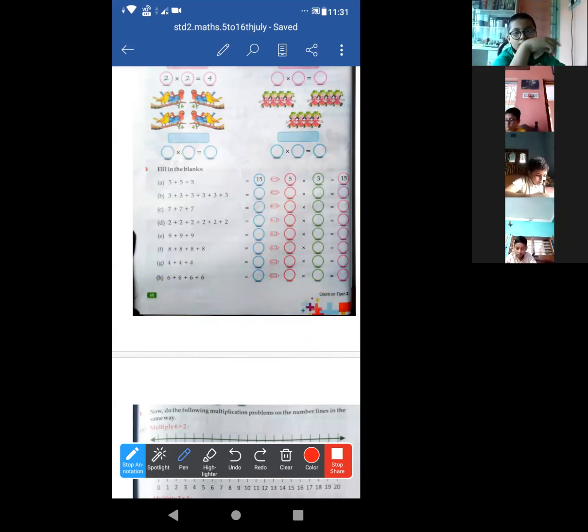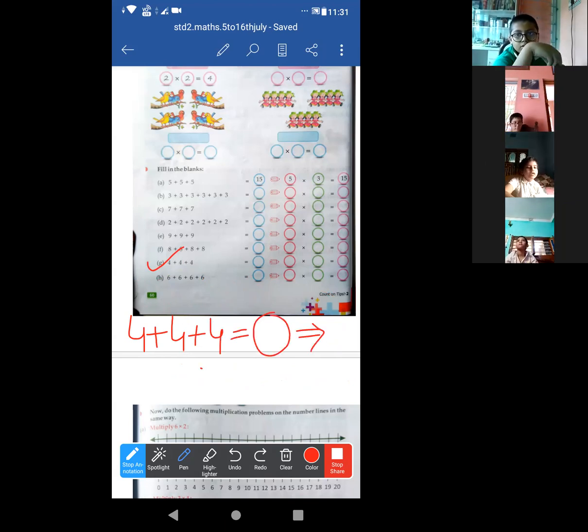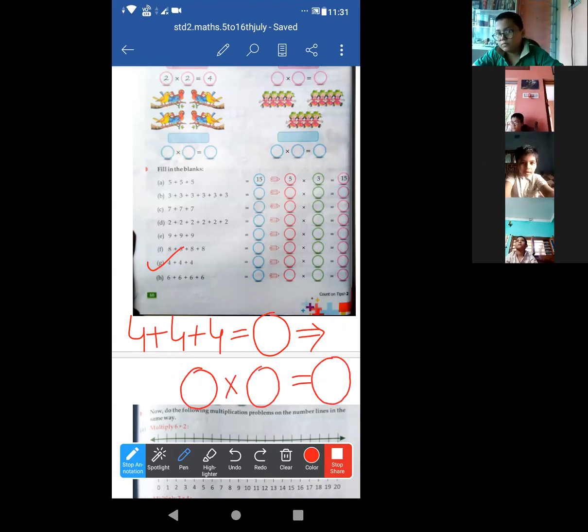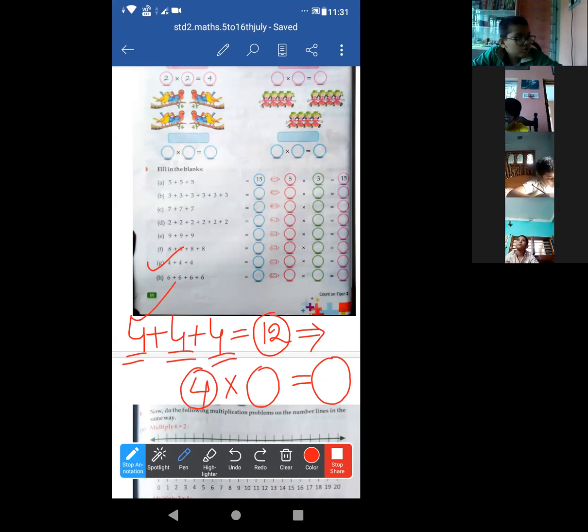Now G, number G. 4, 4, 4 it is given. 4 plus 4 plus 4. Complete this. It will be 12. And as 4 is given, first we will write 4. Then how many times? 1, 2, 3 times. 3 fours are there.